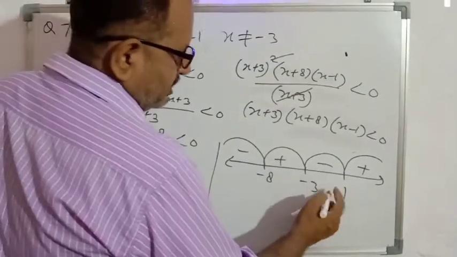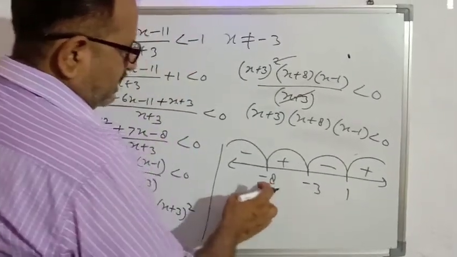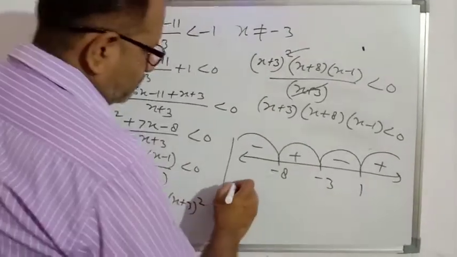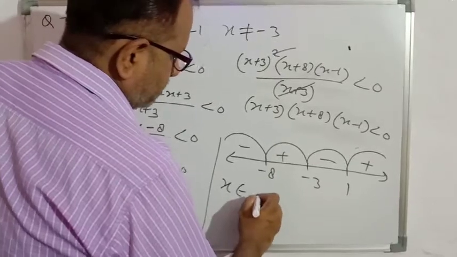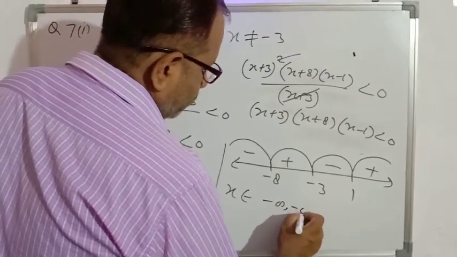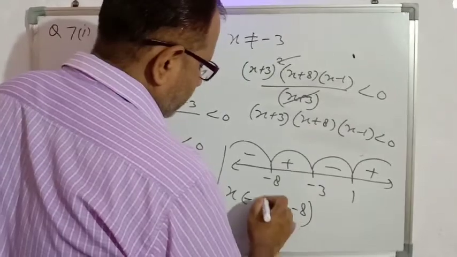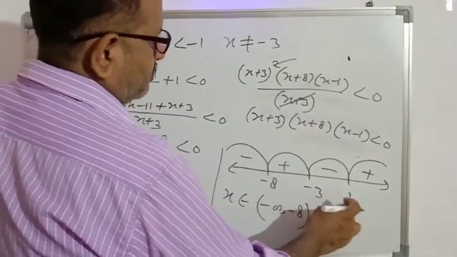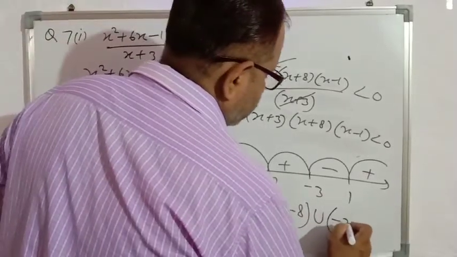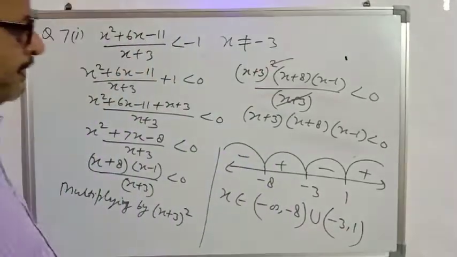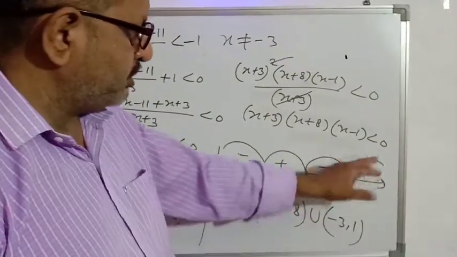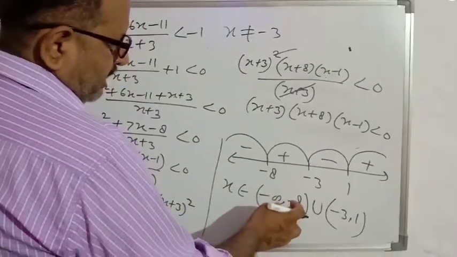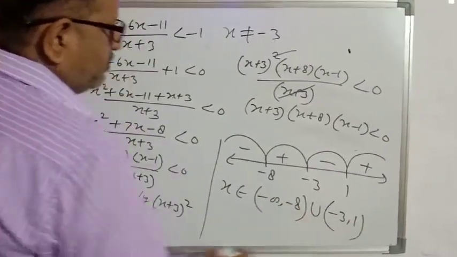Less than 0 is coming in these two intervals, 1 to minus 3 and less than minus 8. So what will be the solution? x belongs to minus infinity to minus 8 open interval, union minus 3 to 1. We have to put open intervals because the equal sign is not there. So x belongs to minus infinity to minus 8, union minus 3 to 1.